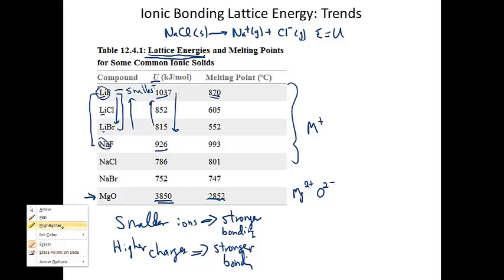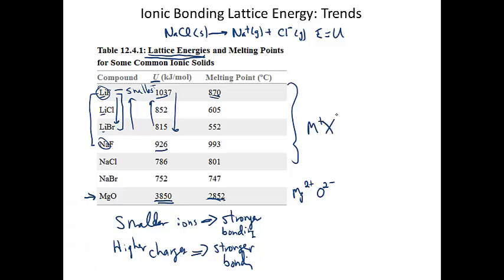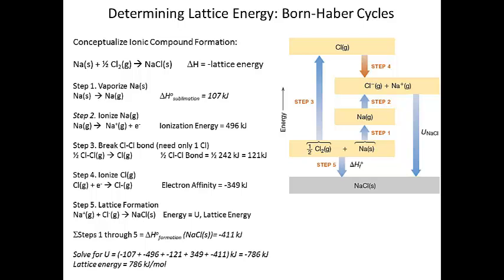And so you would expect this to be about 4 times stronger, because it's the product of the two charges, 2 times 2, versus 1 times 1, than those other ones. And indeed it is about 4 times stronger. So the charges on the ions have the biggest effect, and the sizes of the ions have a more minor but important effect.